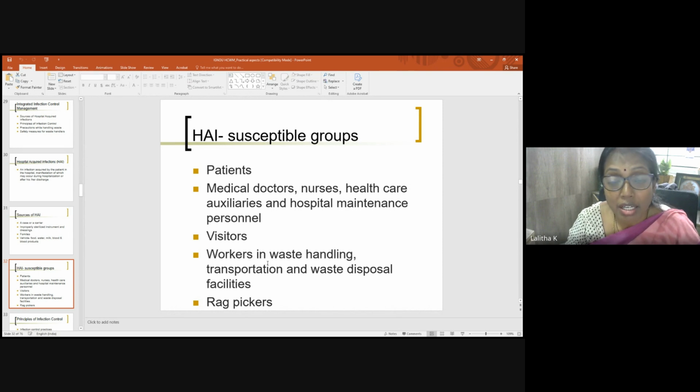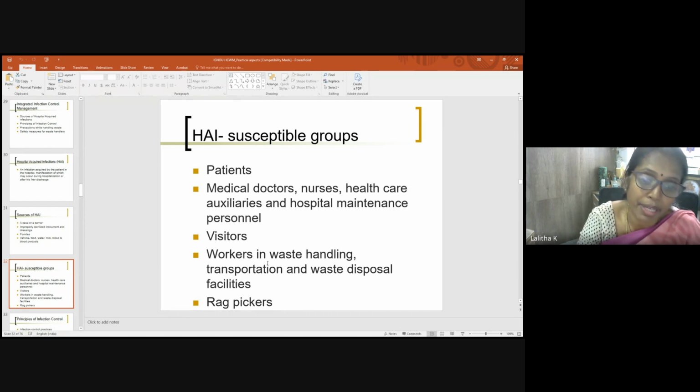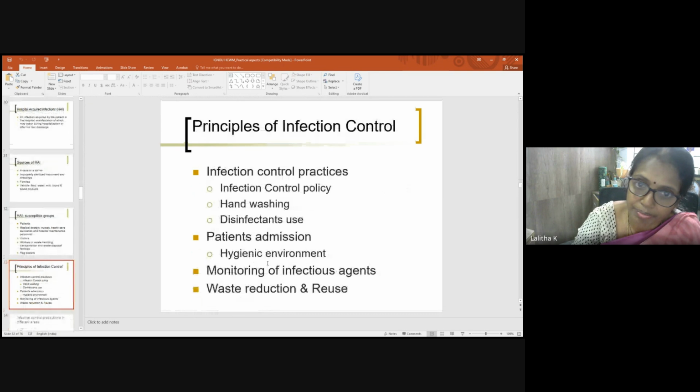And next is the hospital staff, that is doctors, nurses, healthcare auxiliaries, and hospital maintenance personnel. And also the visitors who come can acquire some infection when they are here. And the most important vulnerable population is our workers who are directly handling the waste, who are directly transporting the waste, and who are involved in the waste disposal facilities. And also rag pickers, if they can pick up the infection.